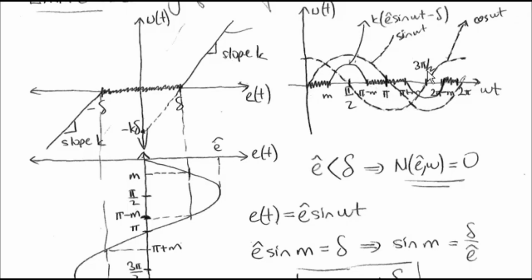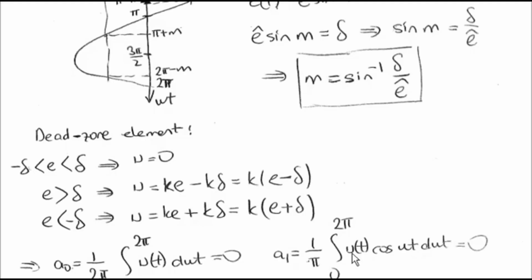This means that when I integrate that function, the integral from 0 to pi is going to be equal to 0. A similar thing is true for the interval pi to 2 pi. Cosine is anti-symmetric in that interval with respect to 3 pi over 2, and u of t is symmetric with respect to 3 pi over 2. So here you can just try to take the integral, it doesn't matter.